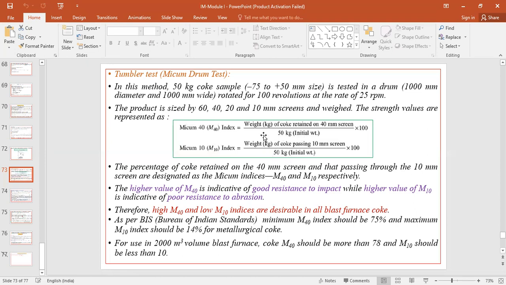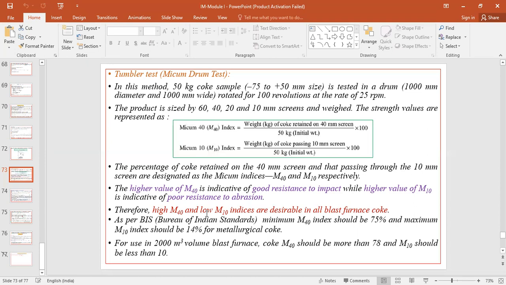So this will give the M10. The percentage of coke retained on the 40 mm screen and that passing through the 10 mm screen are designated as the Micum indices, M40 and M10. The higher value of M40 indicates good resistance to impact, while higher value of M10 indicates poor resistance to abrasion.